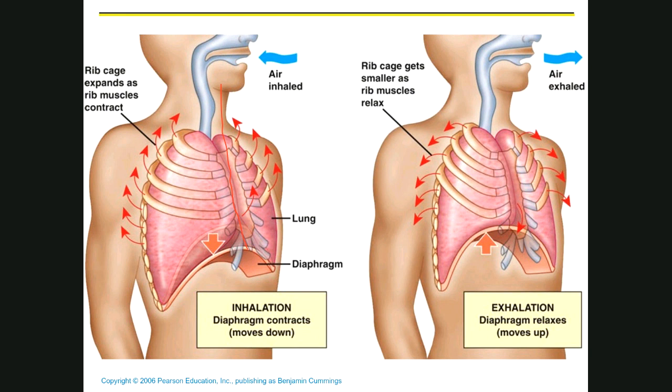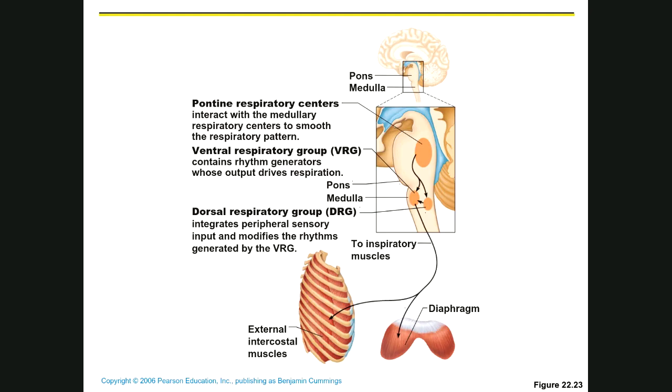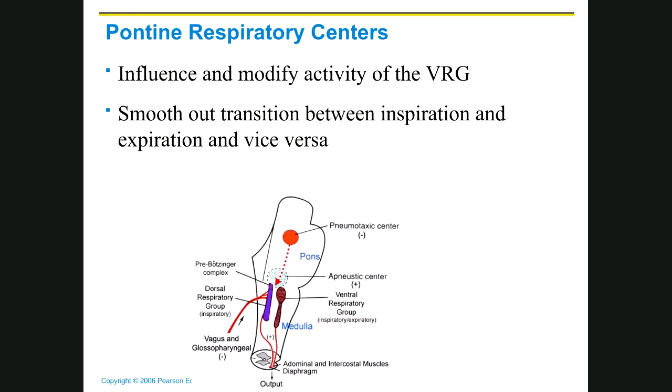But breath can also look like this or like this. Remember, we can breathe in more than we normally do. And we can breathe out more than we normally do. Well, those are these other centers, the pneumotaxic and the apneustic, those centers. So let's look at what they do. What they do is they influence breathing.